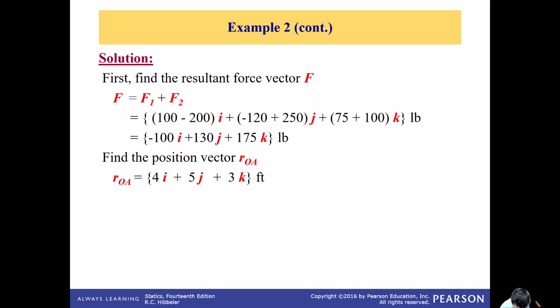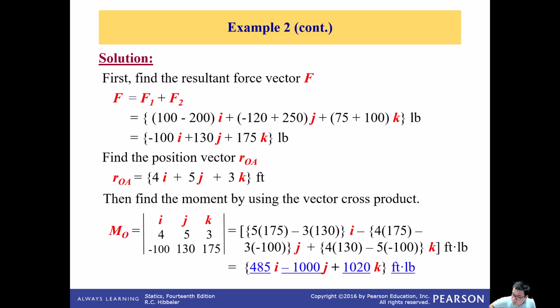So what's the moment of the vector F about the point O? Based on the definition of the moment, this will be the cross product of the position vector ROA and the F vector. So MO will become the cross product of ROA and F.